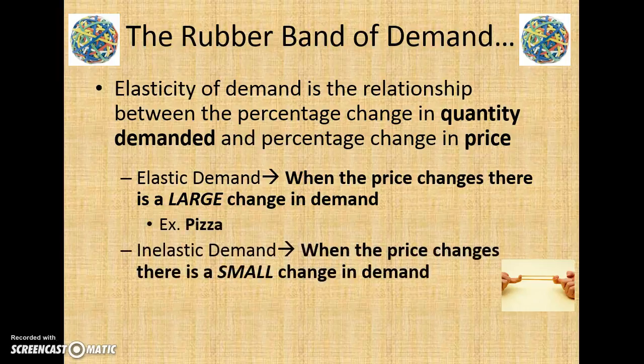Then you have inelastic demand. Here you can have a change in price and there's almost no change in demand. So elastic demand is really sensitive. If you change price a little bit, then there's just a big jump in demand. Inelastic is not sensitive at all. Okay? So you can change the price by dollars, hundreds of dollars, and the quantity demanded doesn't change much at all.